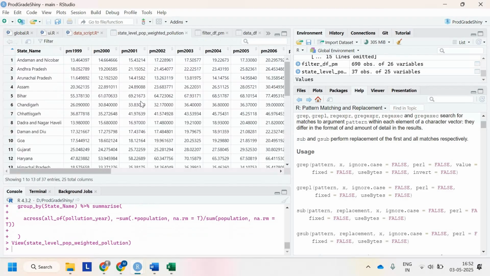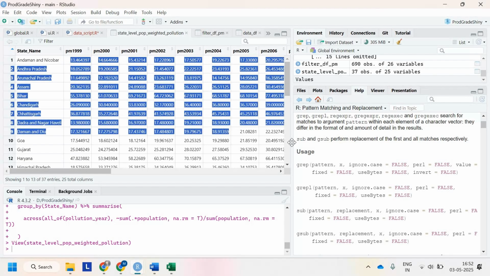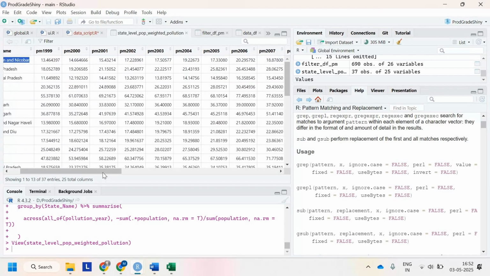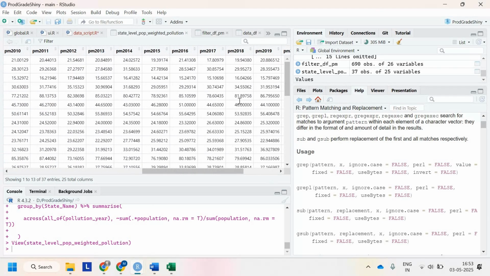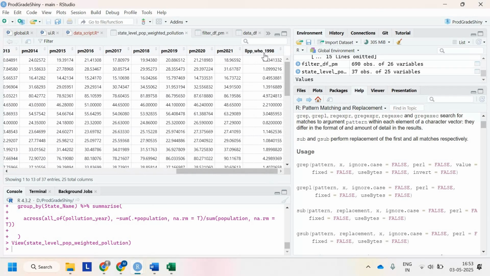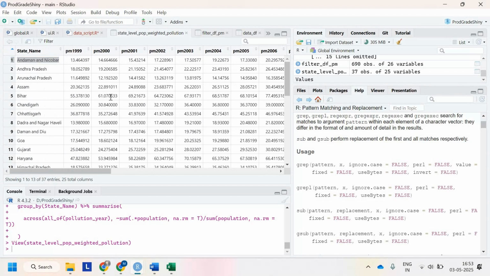So we have got 37 states, and the average values also. I think there's an issue with how this data is coming here.